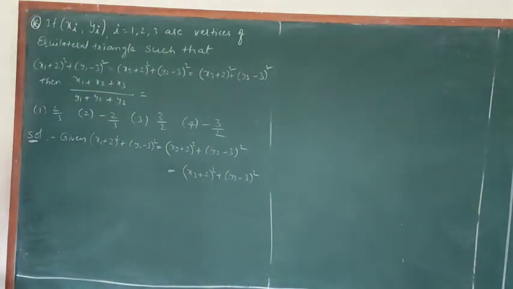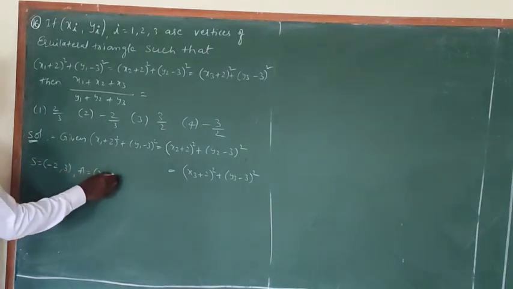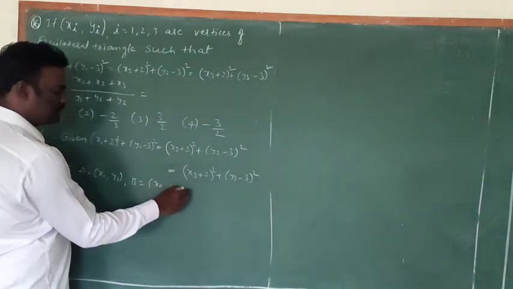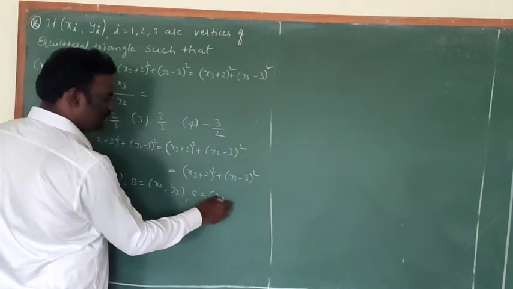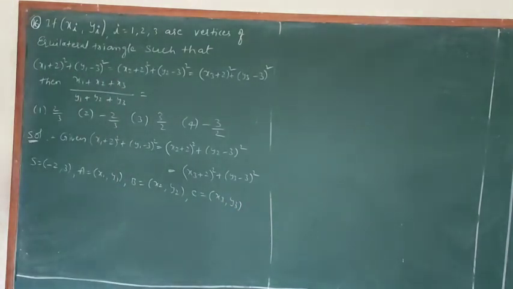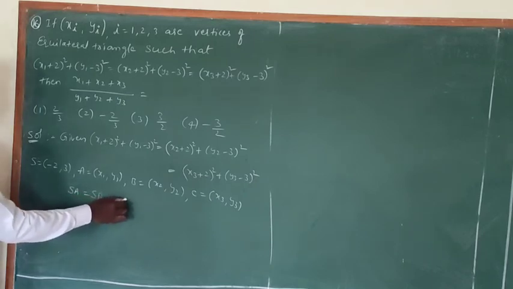Now here I am taking S as minus 2 comma 3, A is x1 y1, B is x2 y2, C is x3 y3. From this I can write SA is equal to SB is equal to SC.